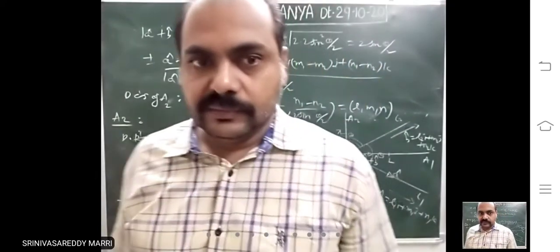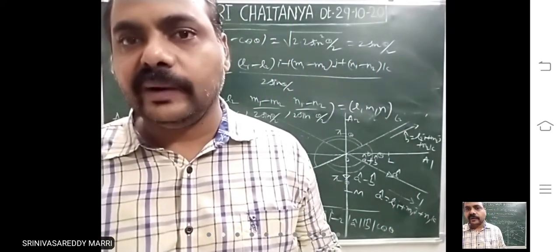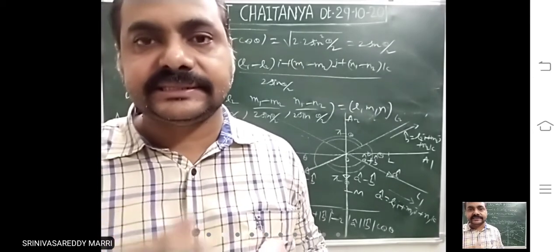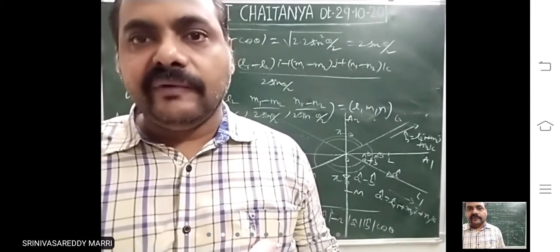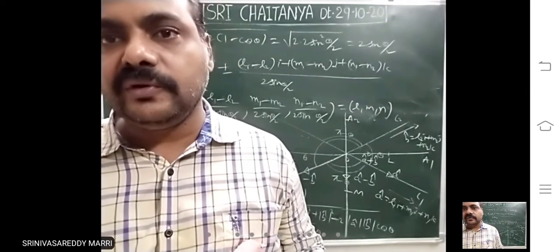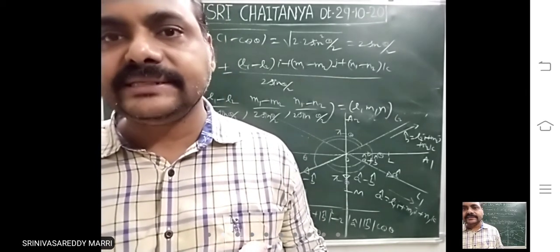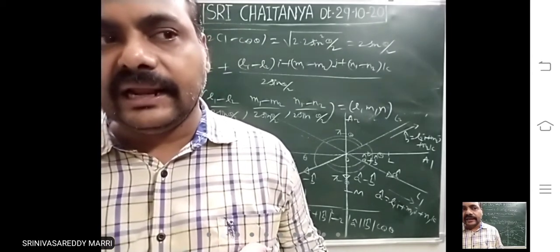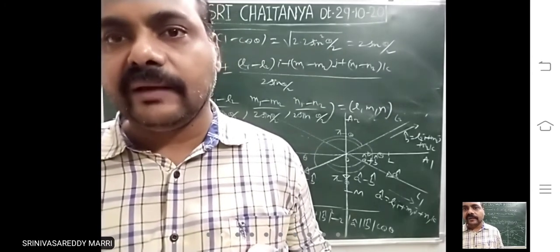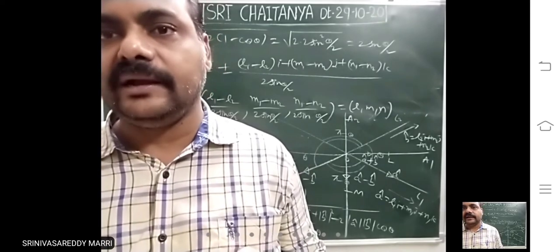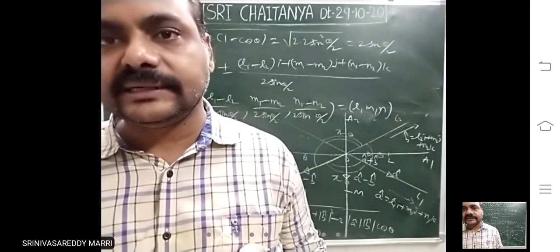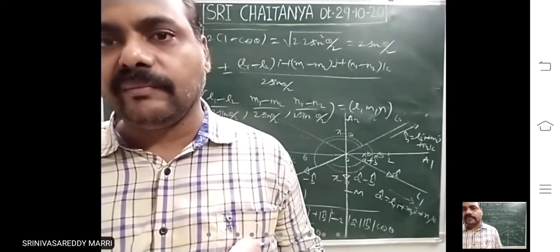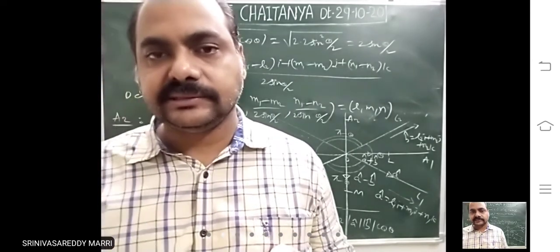Look at all of you. Just to remember the formula simply: two lines' DCs will be given, L1, M1, N1, L2, M2, N2. To calculate the angular bisectors' DRs, for one angular bisector L1 plus L2, M1 plus M2, N1 plus N2. For another angular bisector L1 minus L2, M1 minus M2, N1 minus N2. Those are the DRs.